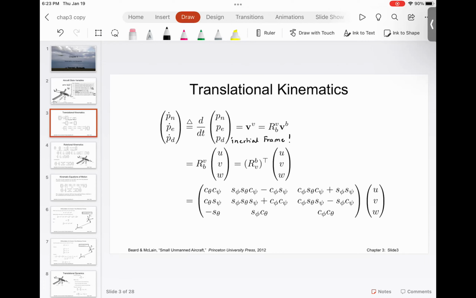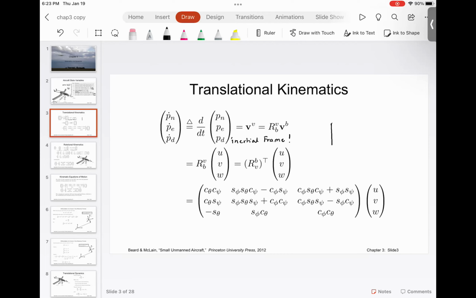Now, let me emphasize this here. Imagine that this is my north, east, down frame, and I'm going to show it like this: north, east, and down frame.